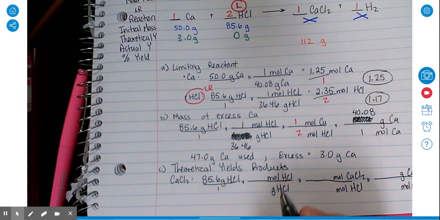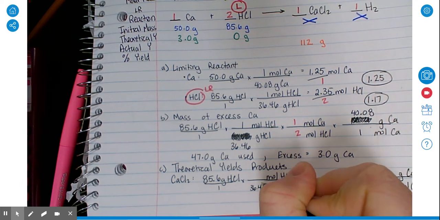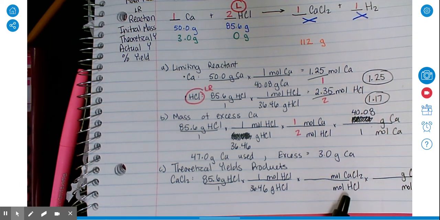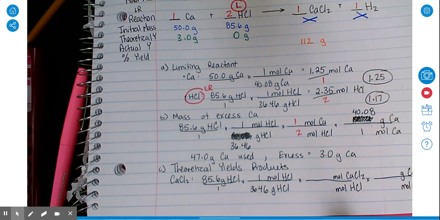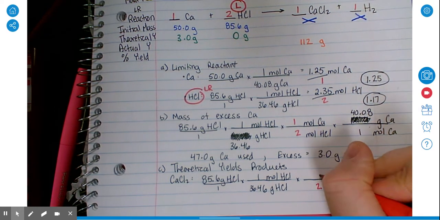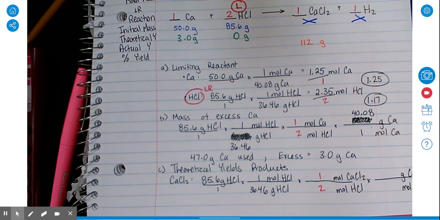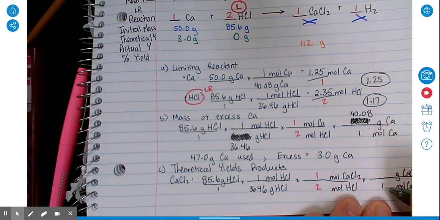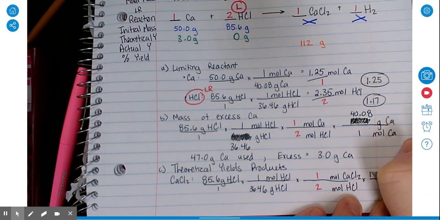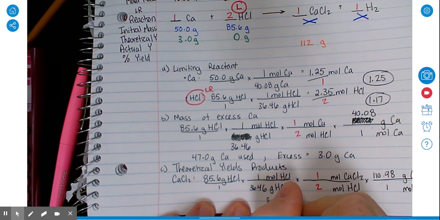Molar mass of HCl is 36.46 grams per mole. The mole ratio here, those are the coefficients out front. So 2 moles of HCl for every 1 mole of the calcium chloride. And then this very last step is the molar mass of the calcium chloride, which we already calculated. 1 mole is 110.98 grams.